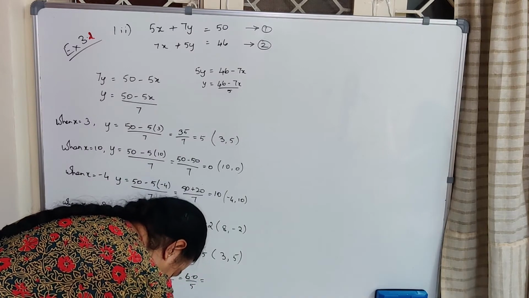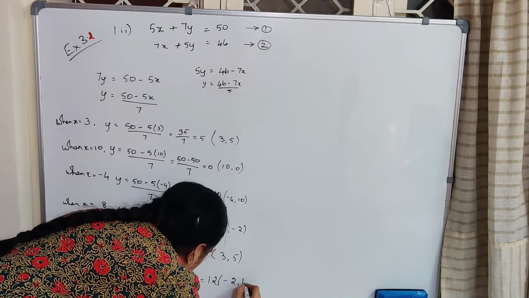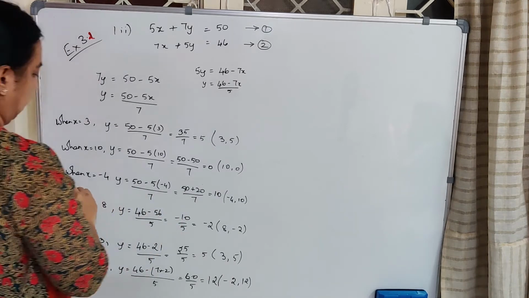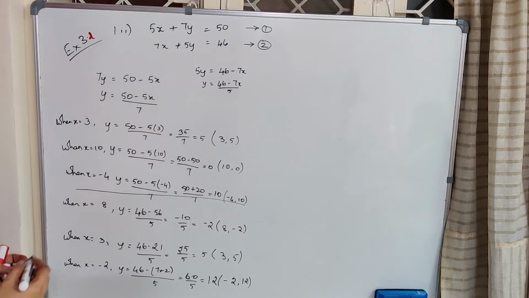So I get 12, and the point is (-2, 12). So I have 3 points for the first equation, the next 3 points for the second equation, and we are going to plot them on the graph now.